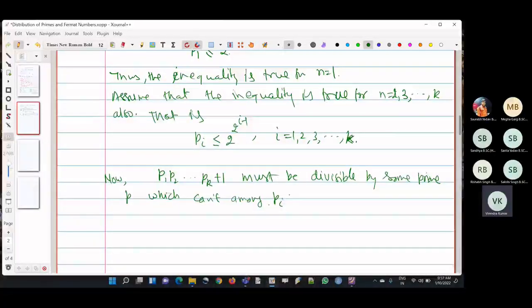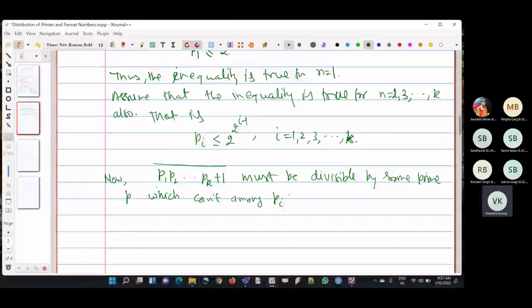This is because p1, p2, p3 up to pk are all natural numbers. They are, in fact, primes, and so natural numbers. When we take the product and add 1, it is certainly going to be a natural number, and it is going to be greater than 1.